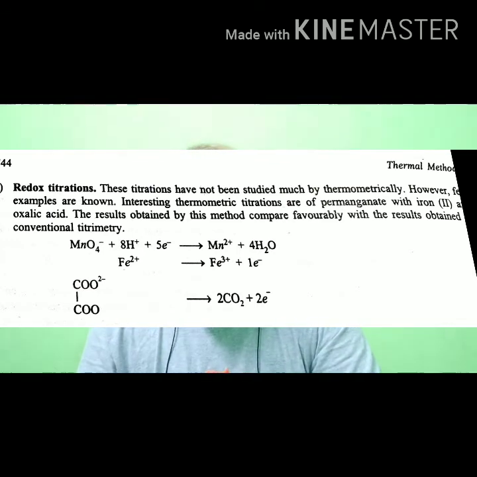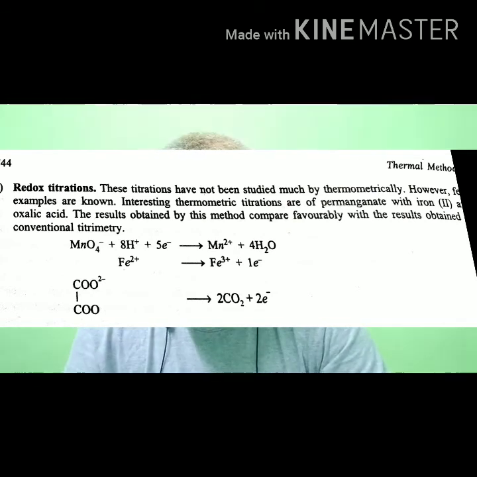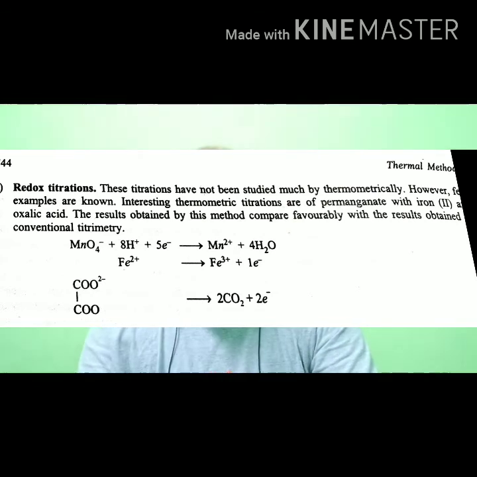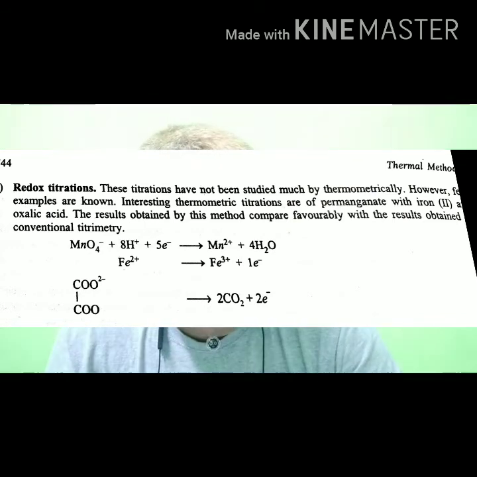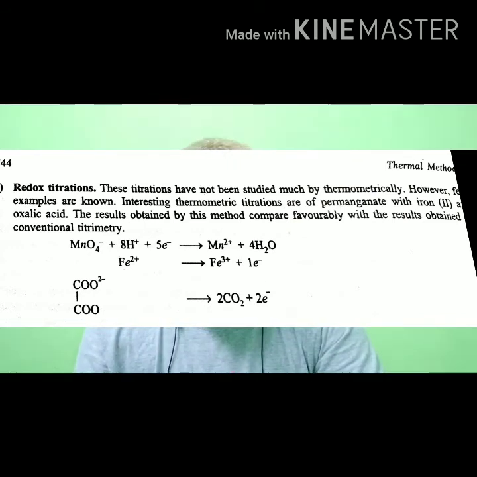The oxidation of oxalic acid and ferrocyanide ion by permanganate ions has also been performed. Redox titrations are not often used in thermometric titrations. Mainly, thermometric titration is applicable for neutralization titration, complexometric titration, and precipitation titration.